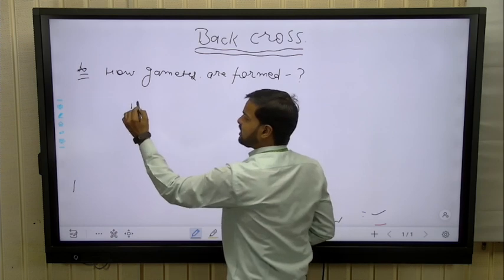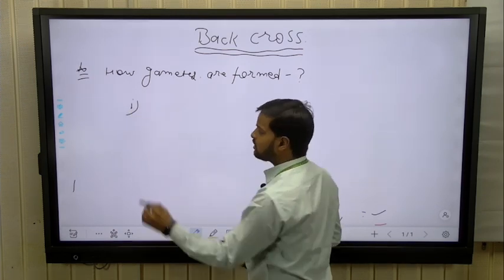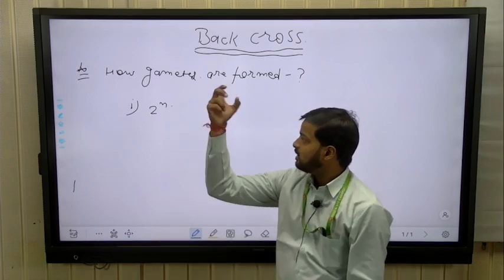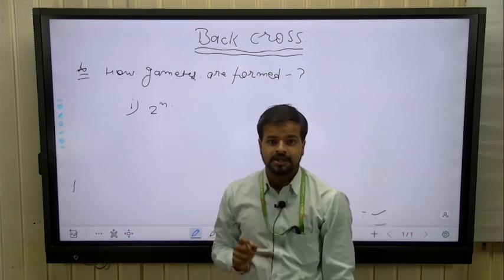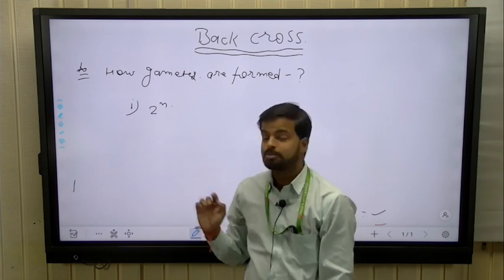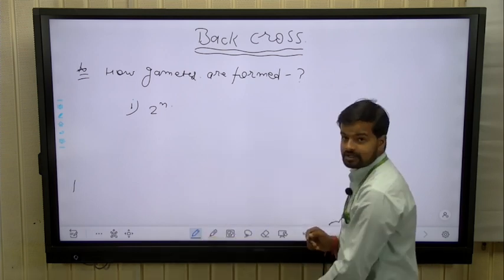Students, there is a trick, that is 2 to the power n. It is called a trick. How does this trick work?